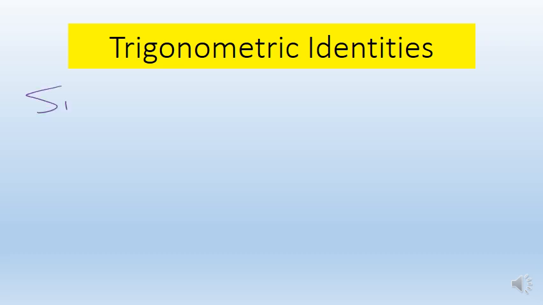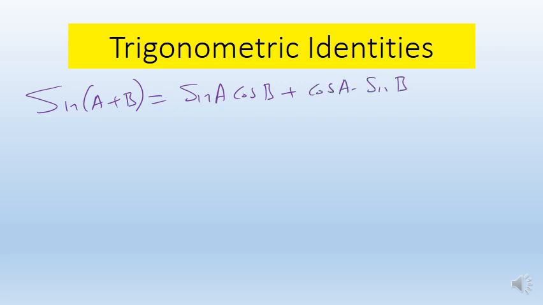We know that sine of a plus b, I'm not sure whether you did this in school, but you can show that sine of a plus b is sine a cos b plus cos a sine b. So now we look at something called the compound angle or double angle formula, sine of 2 theta. What is that?